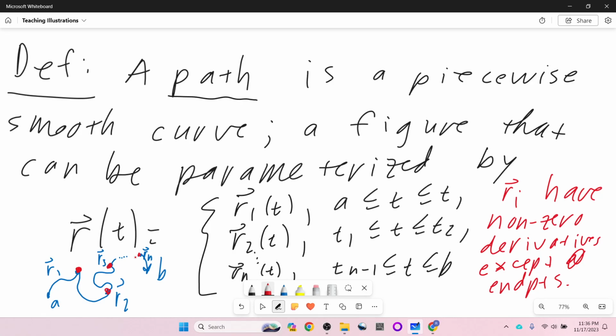So we're going to give a pretty, I hope, obvious or intuitive definition here.